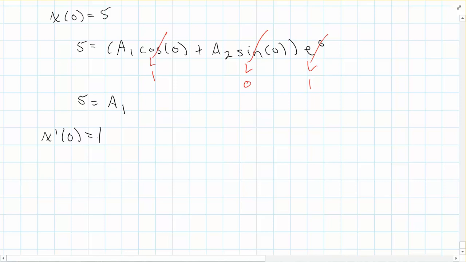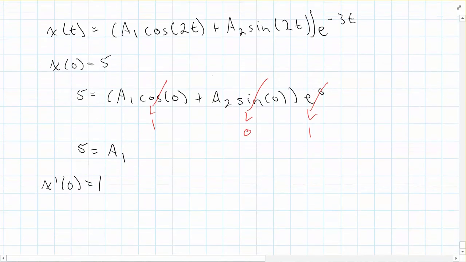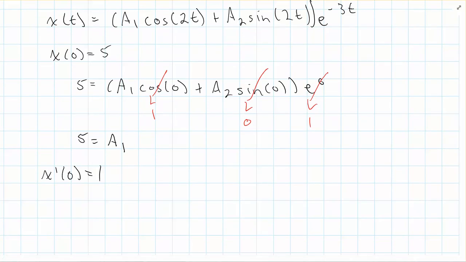Now, of course, in order to get x prime at 0 equals 1, we have to take the derivative. And let me go ahead and put the function there so we can see it. So this again requires the product rule, but instead of actually writing down the product rule, I'm just going to take the derivative. So we'd get, well, derivative of cosine is negative, and you get a negative 2 coming out.